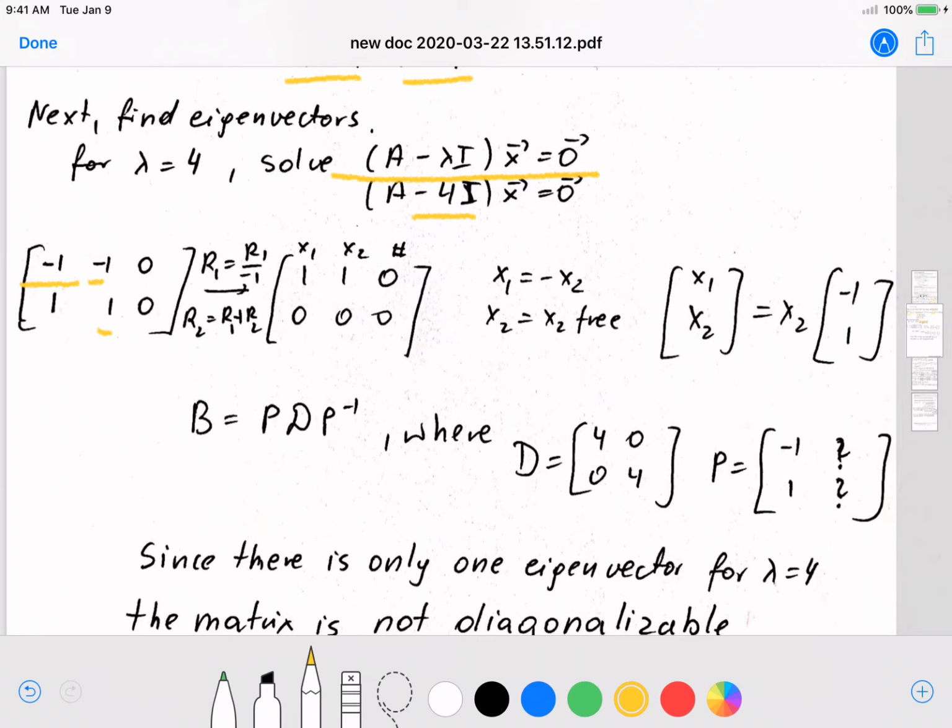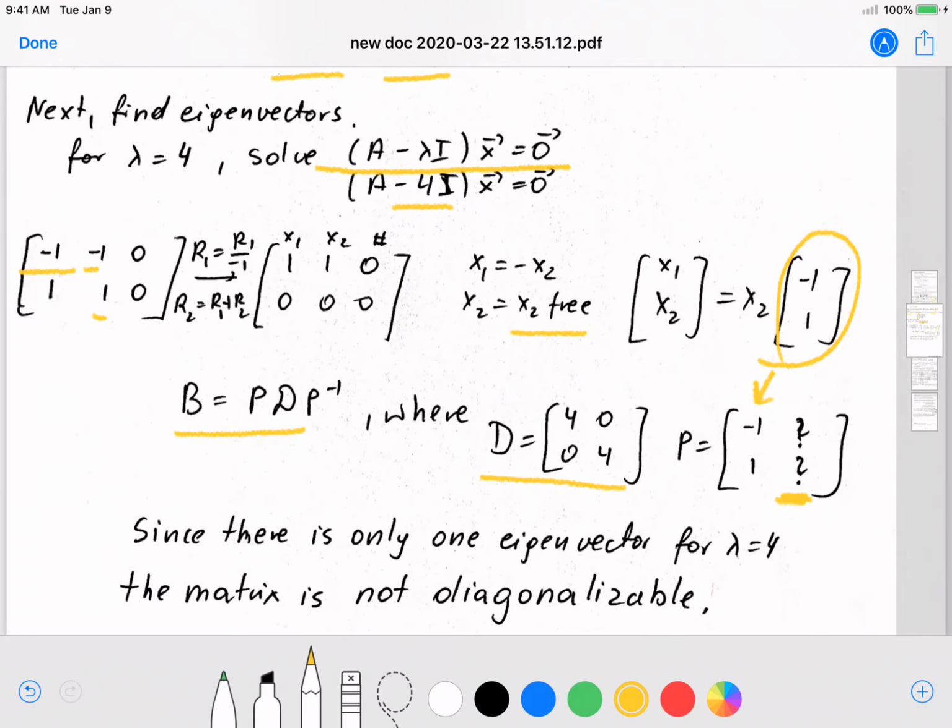Then we perform the row operation and solve the system, and I only have one free variable, so I have only one eigenvector. The diagonalization would be of this form, where in D I would put the eigenvalues, but because I only have one eigenvector, I don't have anything else. In that case, we can conclude that the matrix is not diagonalizable. I don't have enough eigenvectors.